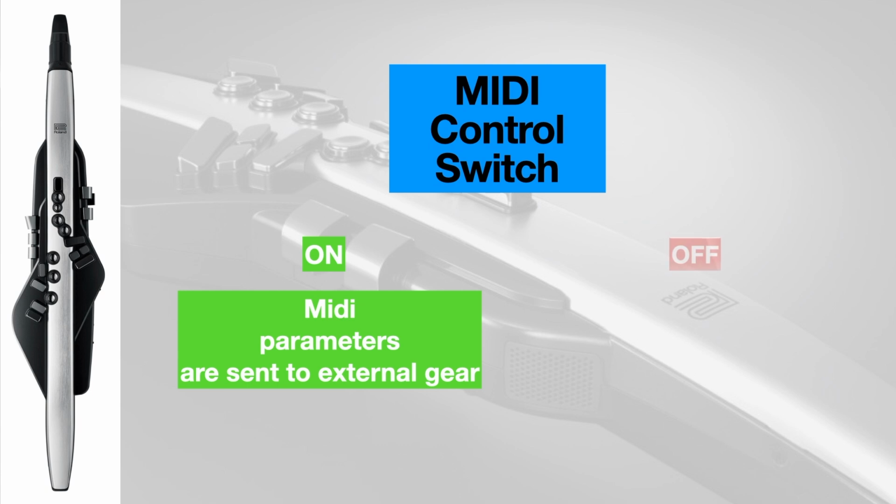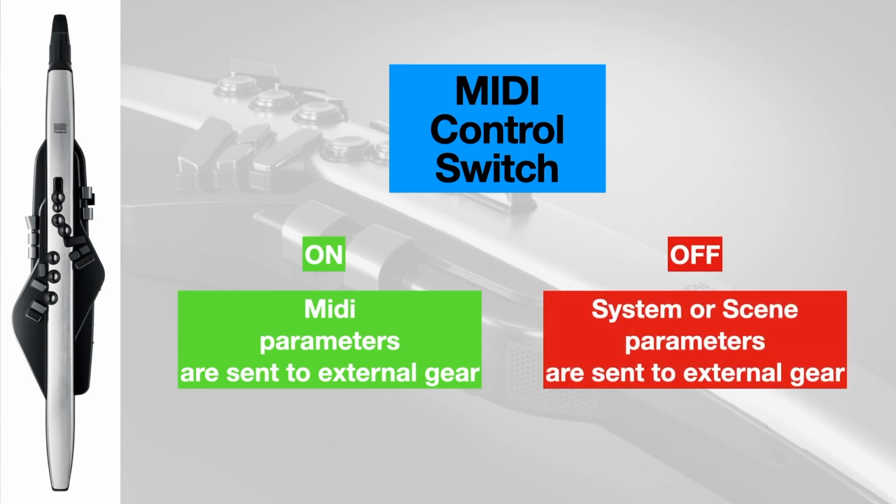If you have this switch set to off, now all of the parameters that you've set for the internal sounds on the Aerophone, they're the ones that are going to be transmitted to your external piece of gear. So tremendous amount of flexibility there, depending on internal or external sounds.